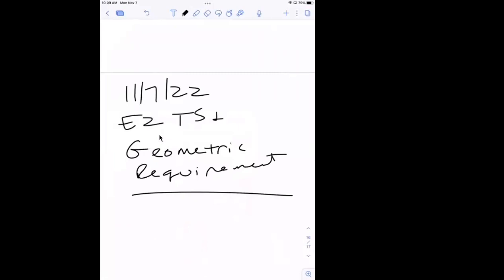All right, so we're going to talk about this geometric requirement for the E2 as well as what the transition state looks like. And before we go any further, can y'all hear me okay? The 11 of you who are logged in? Yes. Okay, cool. If anytime the sound goes out, just unmute and say something.